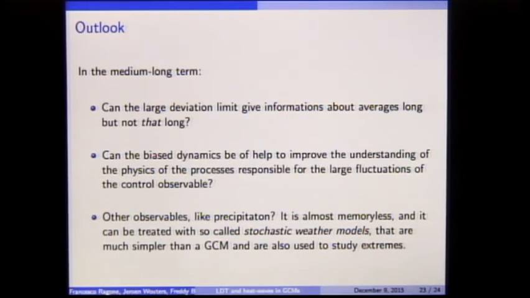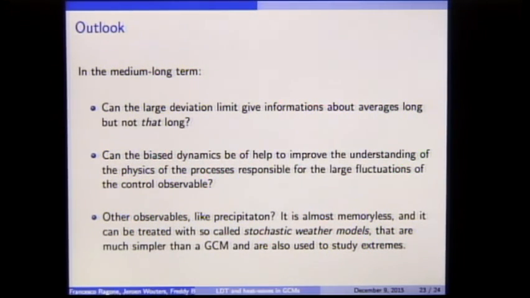And then what about trying other observables? There are other observables which could be better suited to be studied in this way. Heat waves are nice because they correspond to very specific dynamical patterns, and this should make things easier. But there are things like precipitation that have other advantages. In particular, precipitation is basically memoryless, so you don't have the problem of having an autocorrelation time of 1 week.